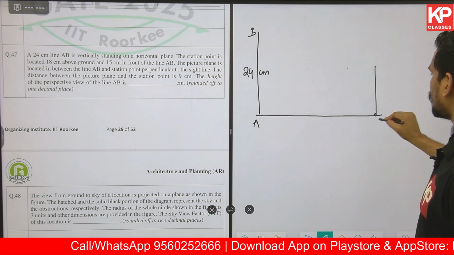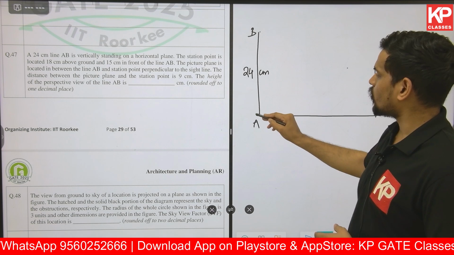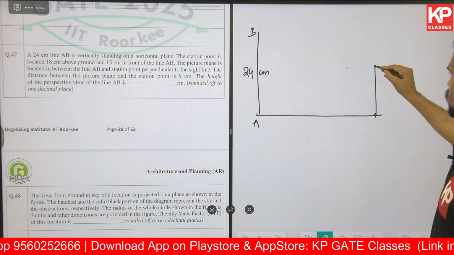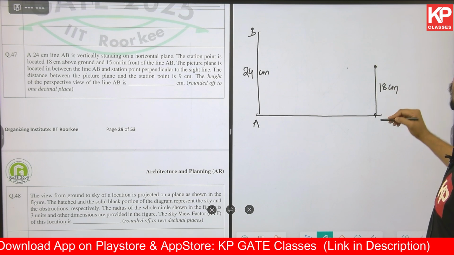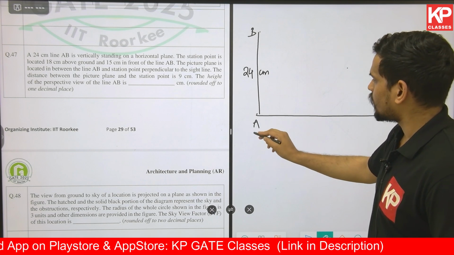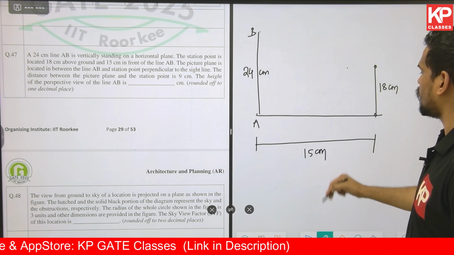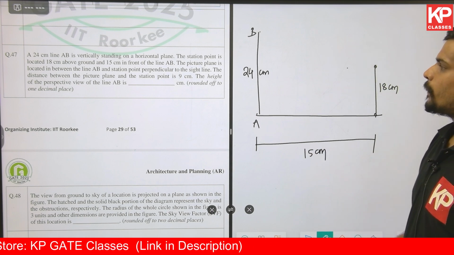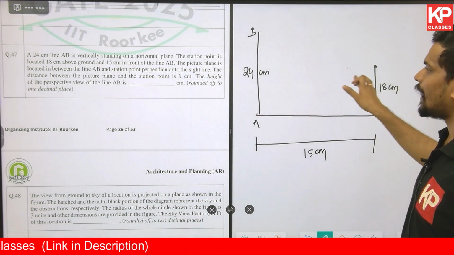The station point is basically where you join the extremes of that line to capture the image. So this is the station point, which they are saying is 18 centimeter above the ground level, and the distance in front of line AB is given as 15 centimeters. Furthermore, the picture plane is located between the line and the station point, perpendicular to the line of sight.